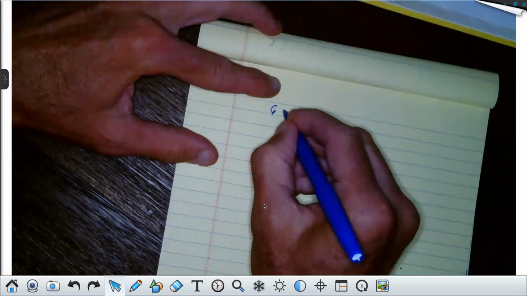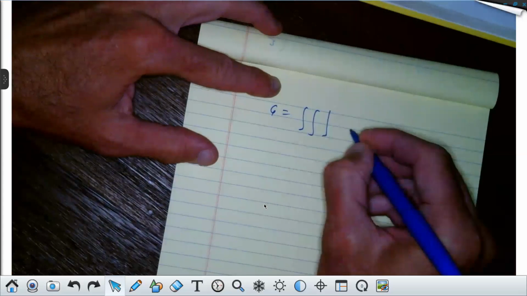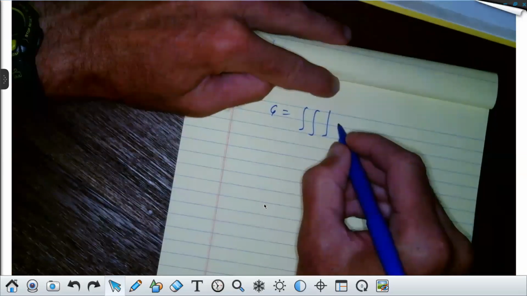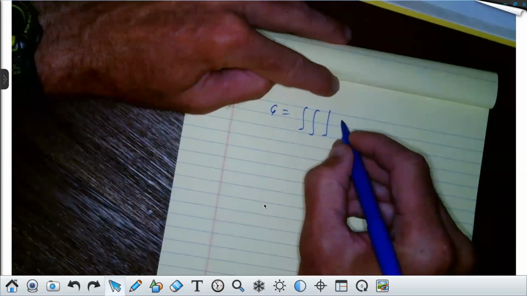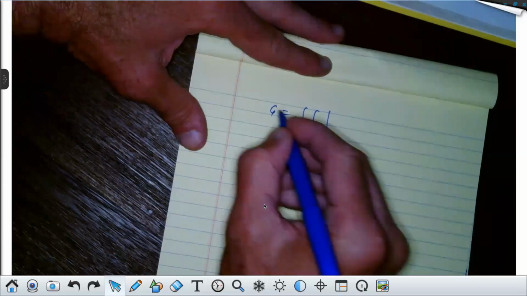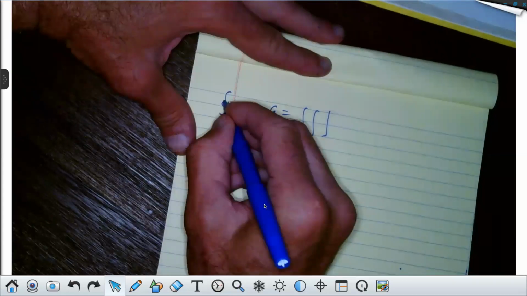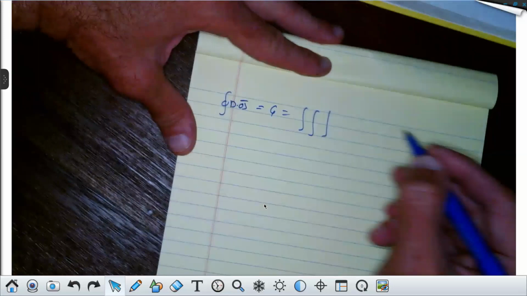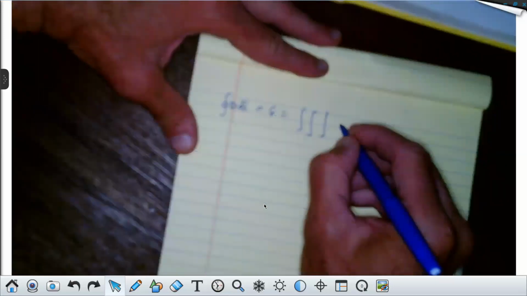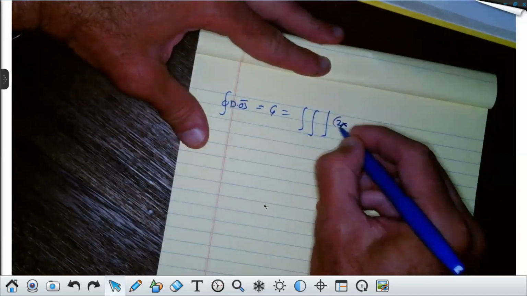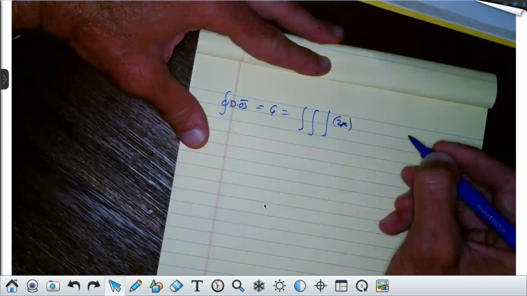Q would be equal to the triple integral of the charge density, right? This would be the same thing as the flux, the integral of d dot ds over the closed surface would be equal to 2x. Remember, that's the charge density we calculated, right, class, by taking the divergence. Agreed?